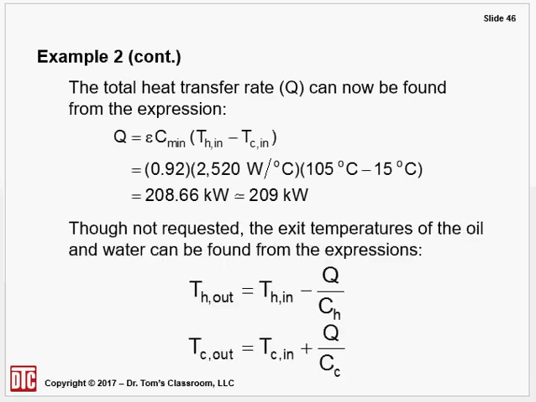Now, we weren't requested to, although I do have you do this in one of the challenge problems here, calculate the outlet temperatures, both the hot out and the cold out. So take these two equations that we derived and feel comfortable with. We now have the Q. That's why I've kept the 208.66, to keep the accuracy going.